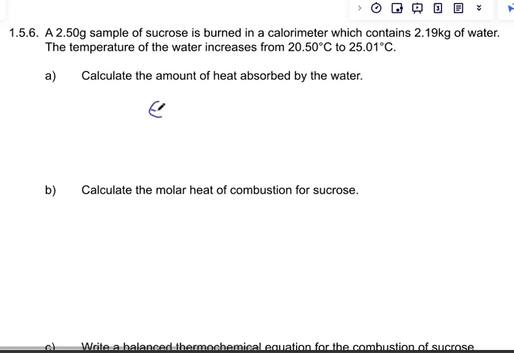And we have a formula for stuff heating up, which says energy equals mc delta T. The mass for this water is 2.19 kilograms. As soon as I write kilo here, I'm committed to working in kilo units.